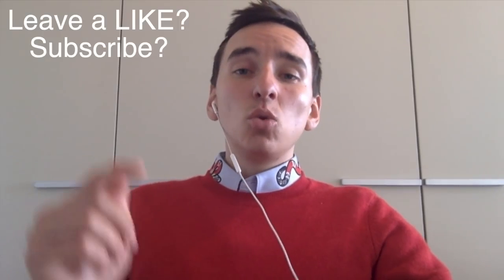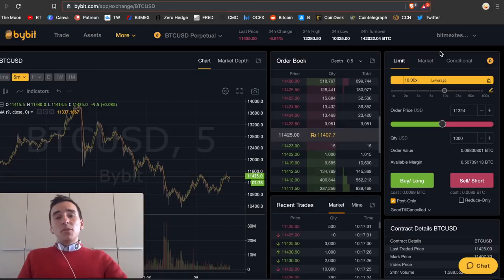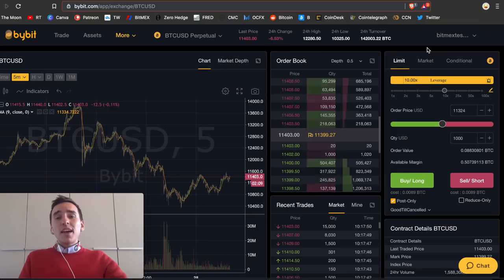And if the price goes down 1%, you will lose 10% on your trade. This seems very nice, but it comes with a liquidation price. If the Bitcoin price moves in the wrong direction, eventually you will reach the liquidation price, and at that point your position is liquidated and you lose the trade completely. That's the price of leverage, and you should know about the risks of leverage trading before doing this.